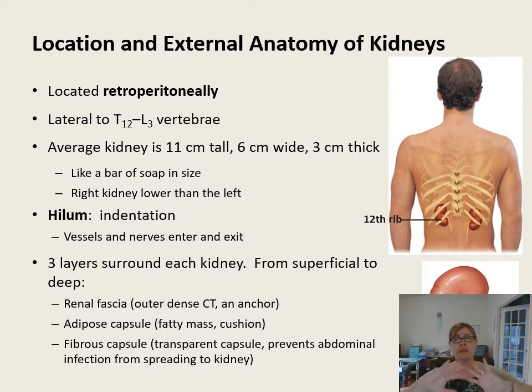The peritoneum is a membrane that surrounds the whole abdominal cavity, and then it forms sort of like a pocket that all these organs sit in, but some of the organs sit behind that pocket, and that is called retroperitoneal. So retro means back or behind. And so the kidneys and the ureters and part of the bladder all are retroperitoneal.